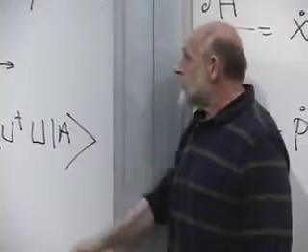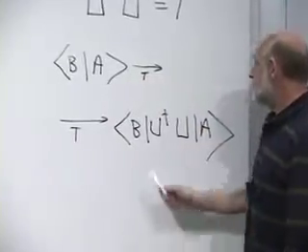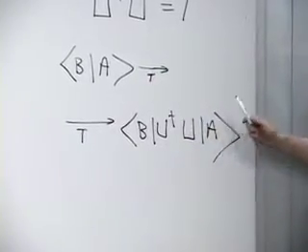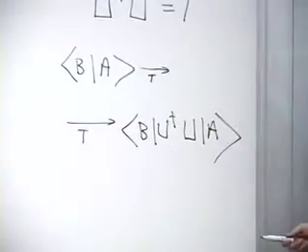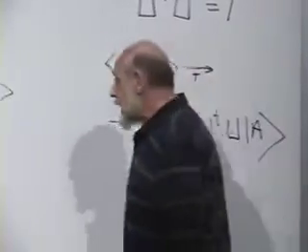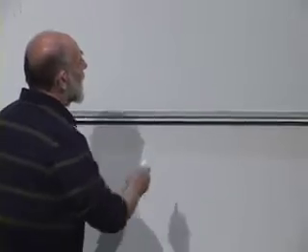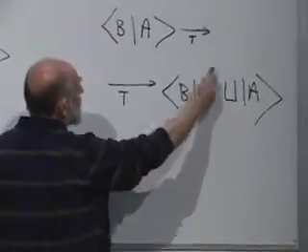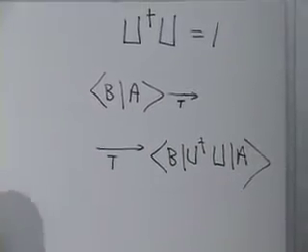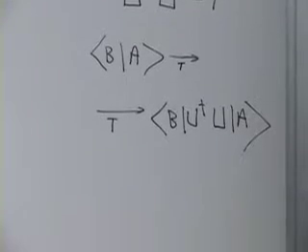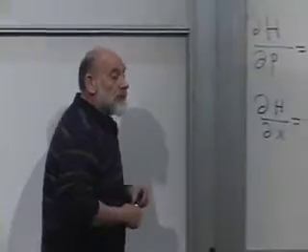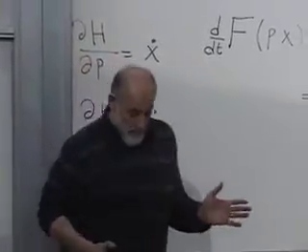In that case, that tells you that BA must equal B U dagger UA for all A and B. The mathematical implication of that is that U is unitary, that U dagger times U is just the unit operator. All right, so that's the fundamental underlying principle of time evolution of state vectors in quantum mechanics.